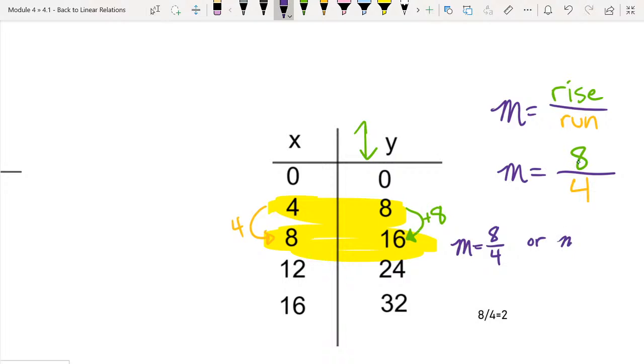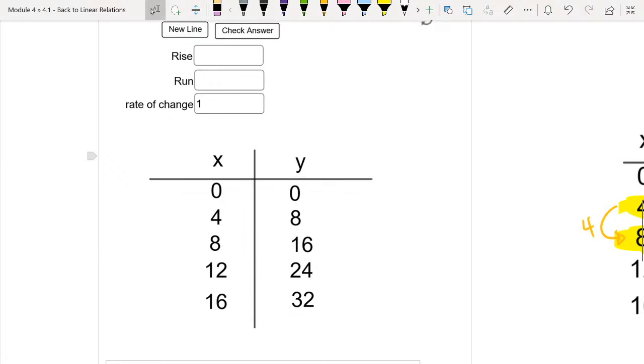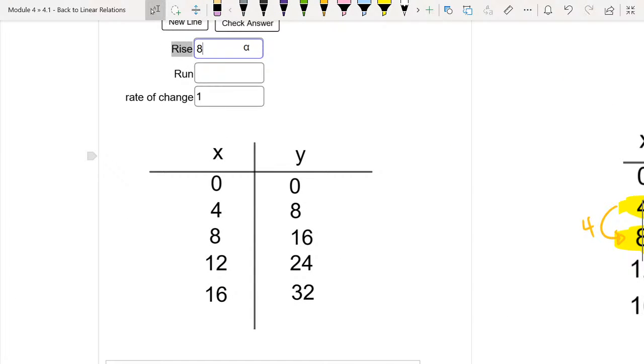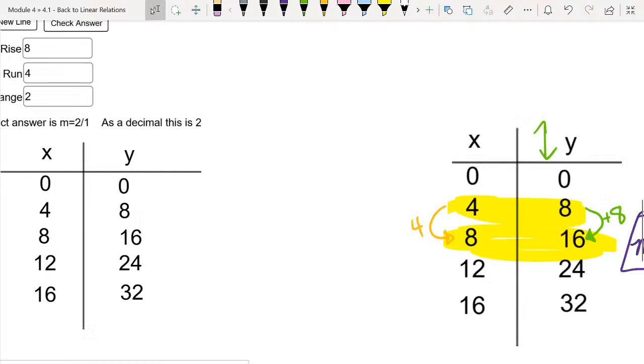So we could say m equals 2. Okay, I got to do one more example because I can't leave you thinking that the answer is just always 2. So if we look here, this rose by 8, it ran by 4, and so the rate of change was 8 over 4. It's going to calculate that out to 2, and that's the same answer we get.